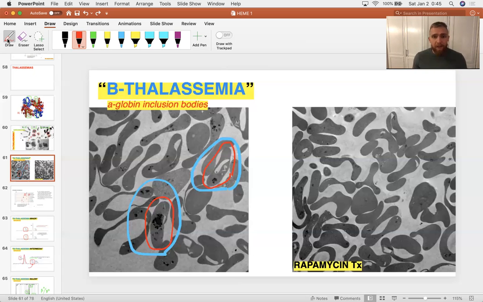So that's a great thing for a thalassemic, because that means there's going to be less splenic sequestration of these inclusion body blood cells. There's going to be less apoptosis in the bone marrow, because there's going to be less synthesis of these globin proteins. So rapamycin is being explored as a treatment alongside constant transfusions for thalassemia major. That's all I wanted to share about that.